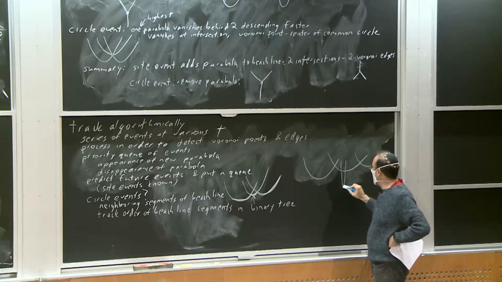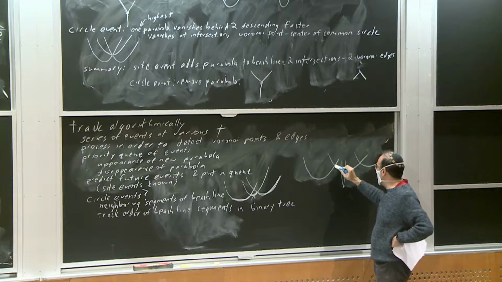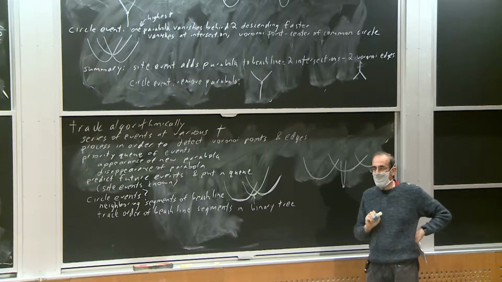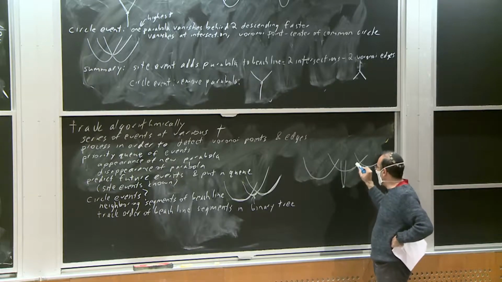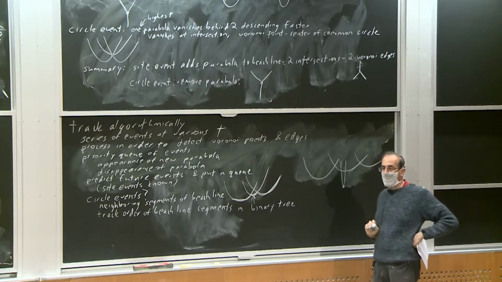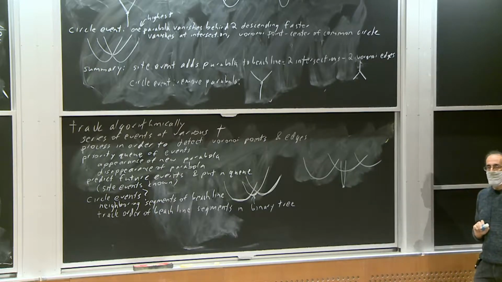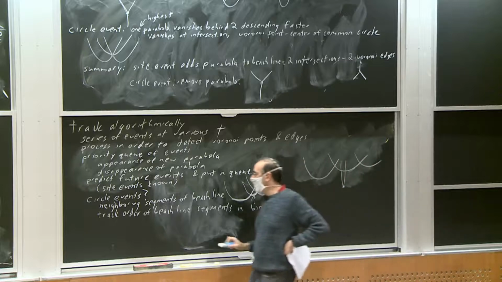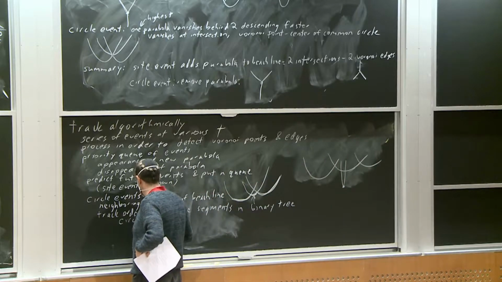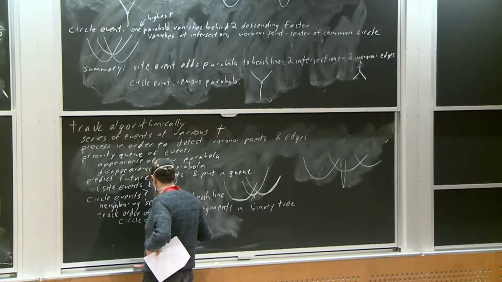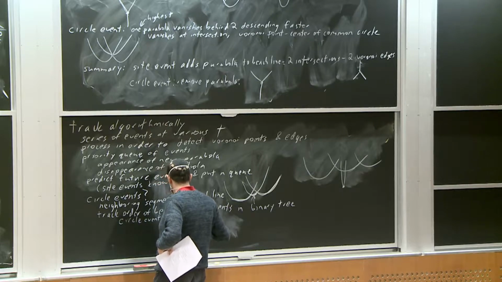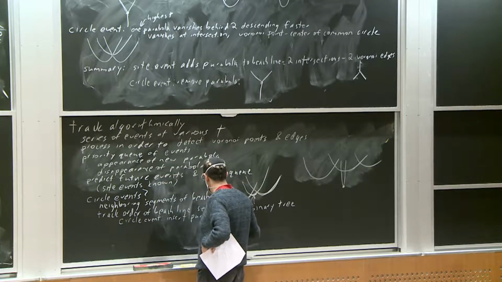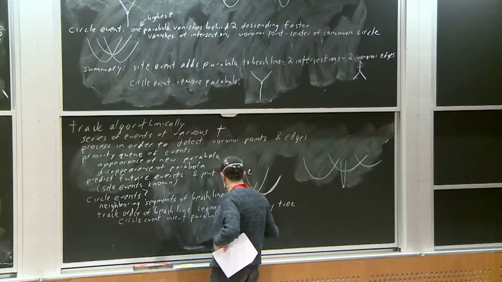That will tell me where I need to take a current segment of the beach line and split it into 2 segments to make room for my new parabola. Okay? So on a site event, I insert a parabola into this tree.